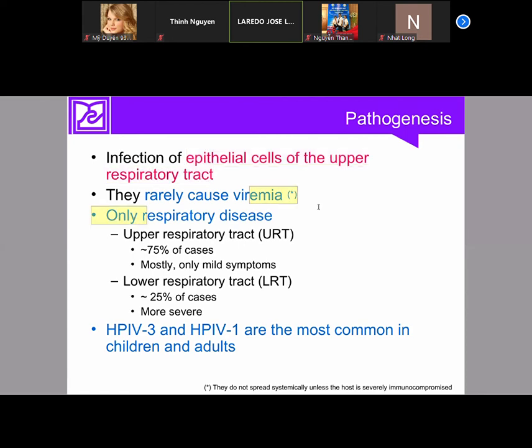They are respiratory pathogens at the upper respiratory tract and at the lower respiratory tract. Mostly at the upper respiratory tract and mostly mild. Sometimes they may become severe if the infection is at the lower respiratory tract.